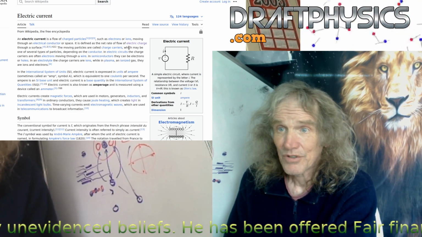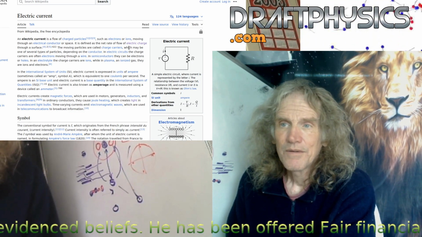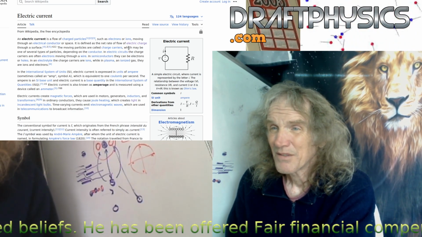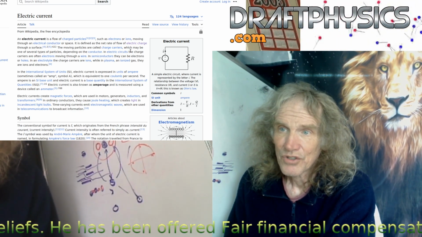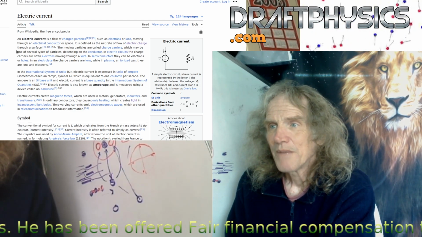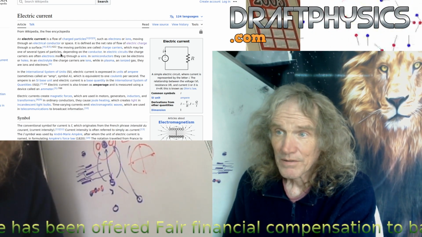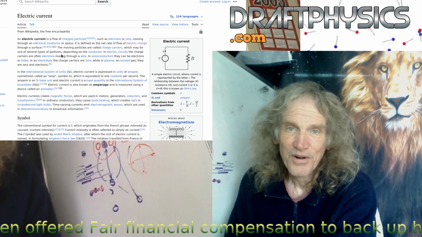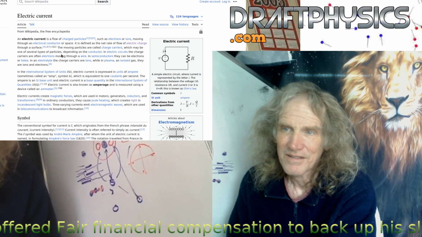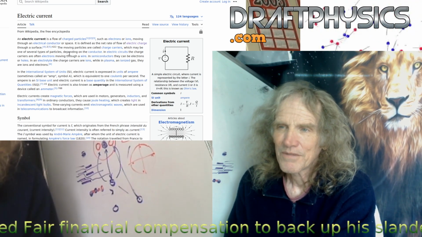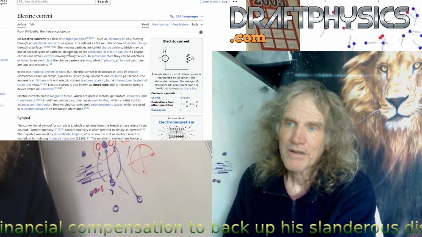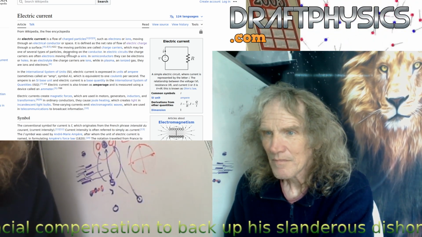So they're, again, carrying momentum when they're moving. So they're force carriers. They aren't charge carriers, which may be one of several types of particles. So this is, again, more nonsense about there being more particles than just electrons and protons. No, there isn't.